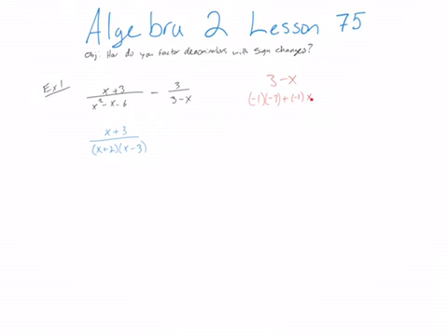Notice this -1 times x would be the same thing as saying minus x, and -1 times -3 would give me that +3. So this is the same thing as this. I can factor out that -1 on the outside. On the inside, it would be -3 plus x, or I can switch the order of that and say -1 times x minus 3.